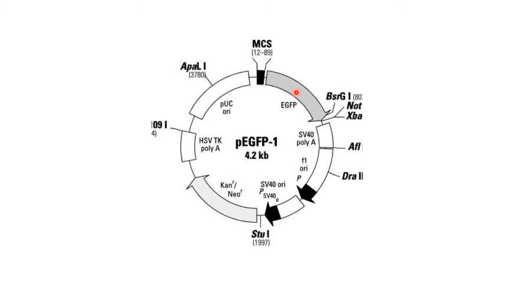So in this manner, the cell will produce a hybrid protein which will include the protein of interest conjugated to the green fluorescent protein. So wherever in that cell the protein of interest is present, it will produce a fluorescent signal because the fluorescent protein is conjugated to the protein of interest. So wherever the protein of interest is localized, at that position in the cell, a fluorescent signal will be obtained.